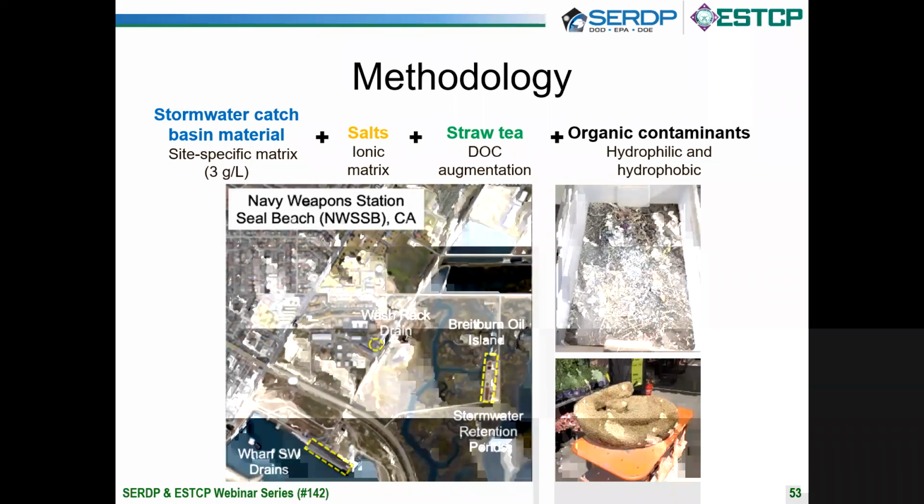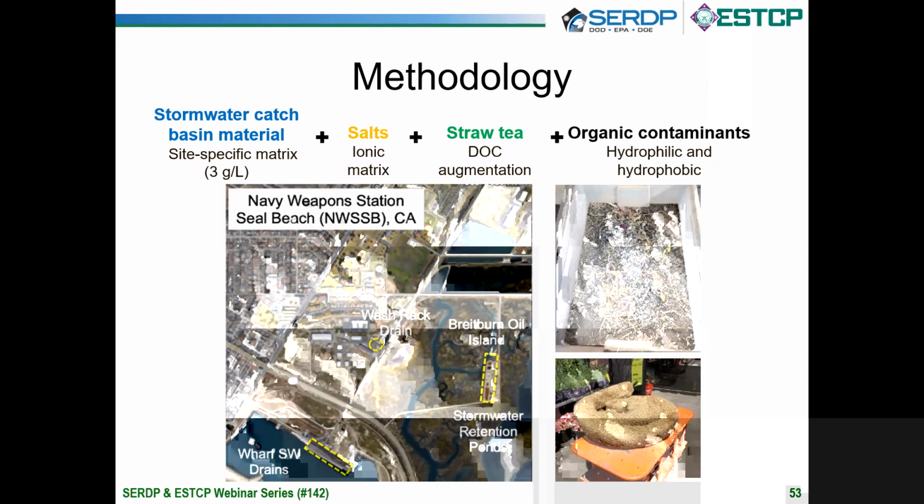Then we add a suite of organic contaminants, about 20, comprising both hydrophilic and hydrophobic compounds. Our interest here is primarily in the hydrophilic compounds, the ones that are more water soluble, and the ones that are more problematic in not being captured.